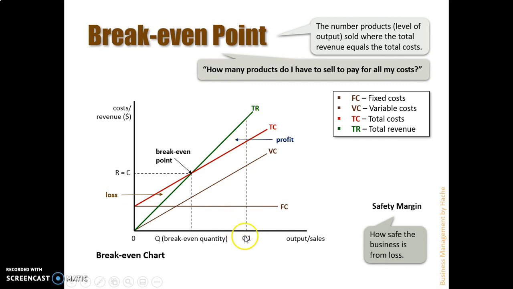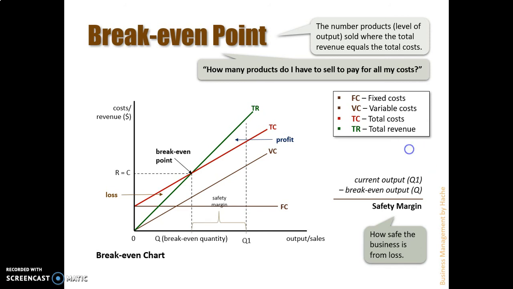This is your level of output, Q1. So this space between the break-even quantity, Q, and the actual level, Q1, the current level, is called your safety margin. And obviously, the bigger the safety margin, the safer it is for you or for your business. So we get the safety margin by subtracting the break-even output, Q, from the current output. And again, the bigger that difference, the better for you. You are safer and safer.